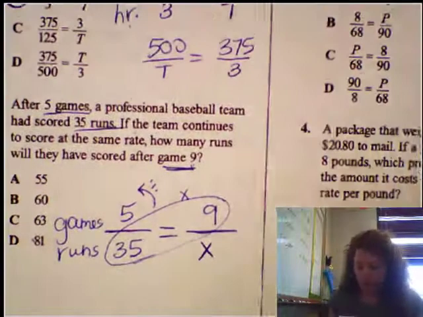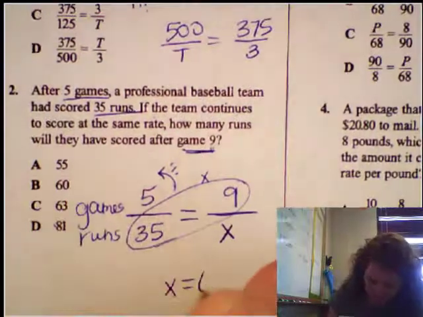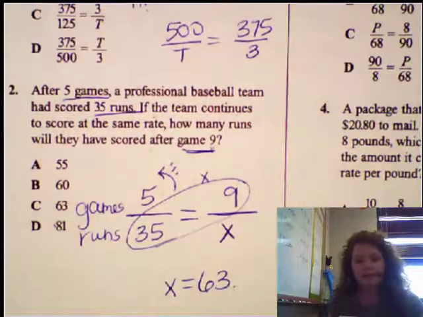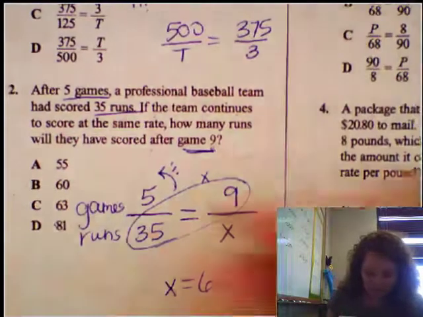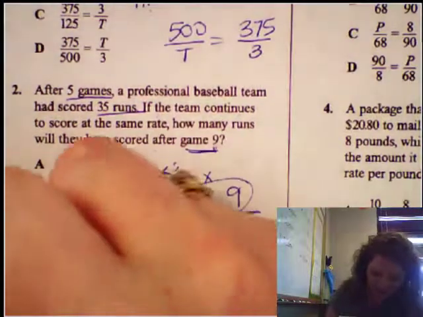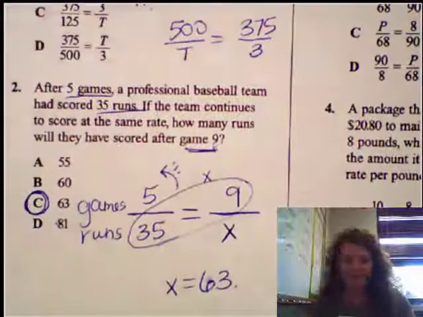I don't know about y'all. Y'all check my math. You know I make mistakes, but I get x equals 63. X equals 63. Okay, and if you second that, then we'll go ahead and circle that because sure enough, it is an answer choice.